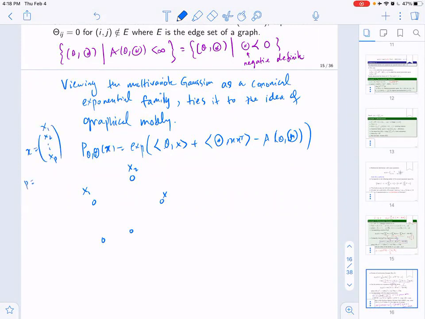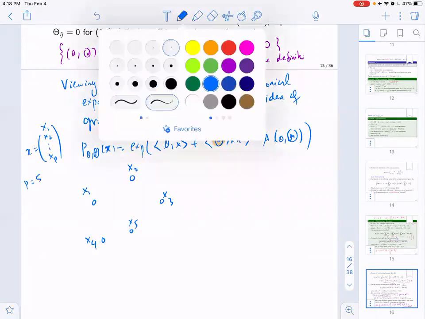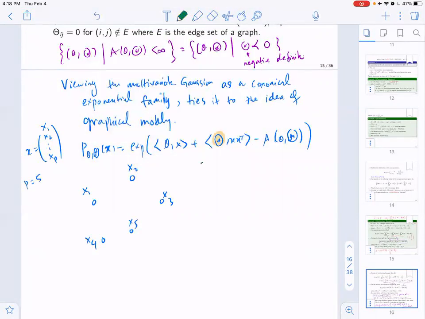Let's say p is equal to 5. If I represent the variables as nodes in some sort of a graph, then you can argue that this canonical parameter has this interesting property that theta_ij is 0 if and only if xi is independent of xj given all the other variables.